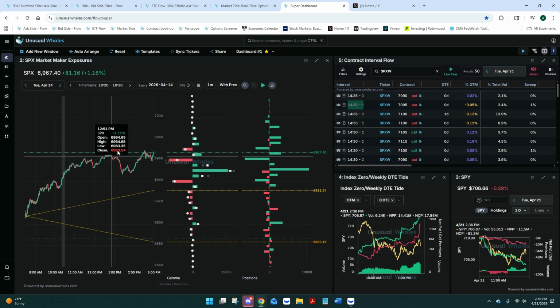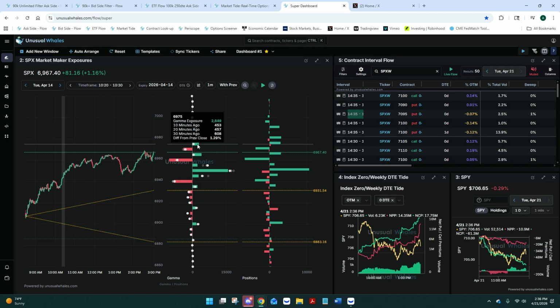Another confirmation here is that you see them still building positioning up here. Not heavy positioning, but they're still building it, and probably some profit taking going on here. You see that positive gamma decreasing, so it could be some profit taking. That's why when you come into those positive gamma pockets, it can act as a slowdown for SPX there.